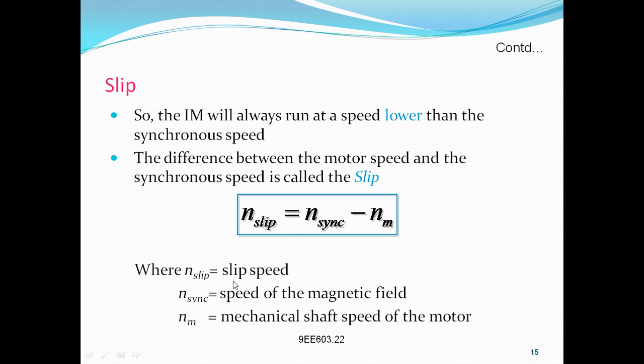So Ns minus Nm is equal to slip speed. Ns is equal to the speed of the magnetic field, that is synchronous speed. Nm is equal to the mechanical shaft speed, that is the motor speed.